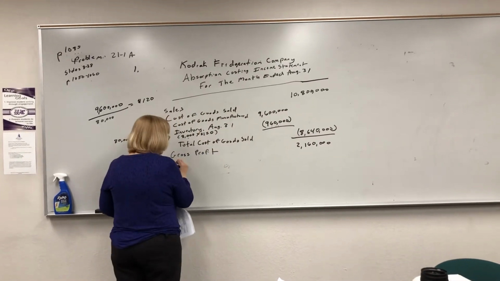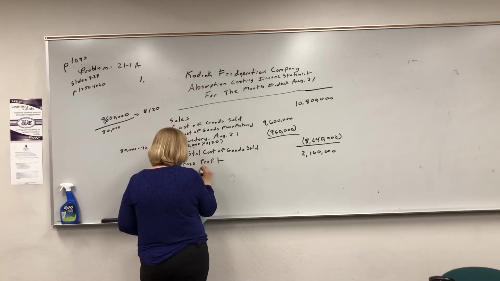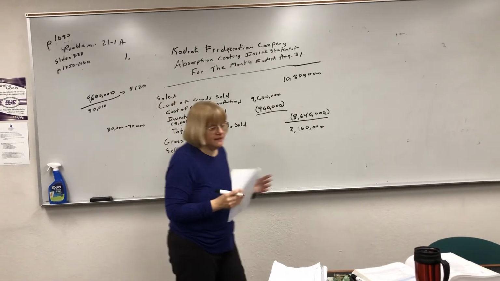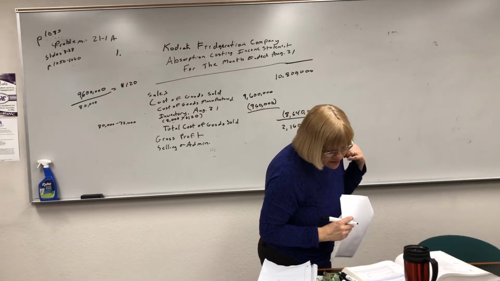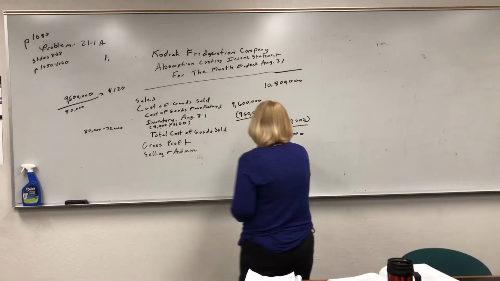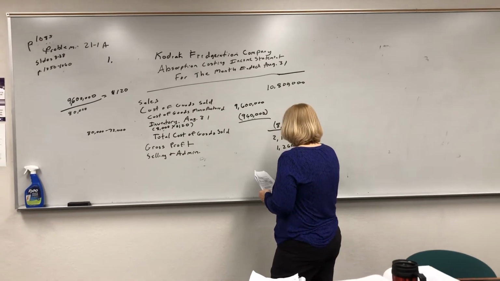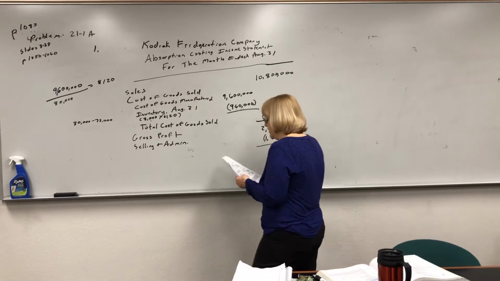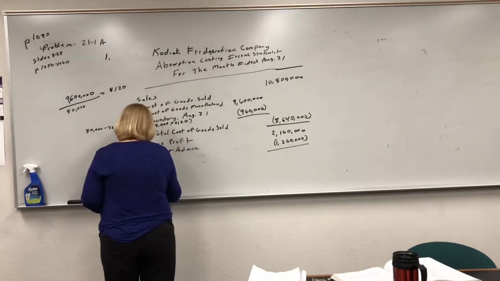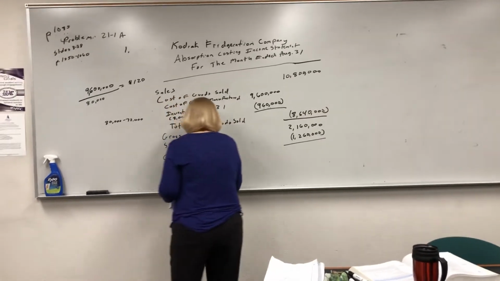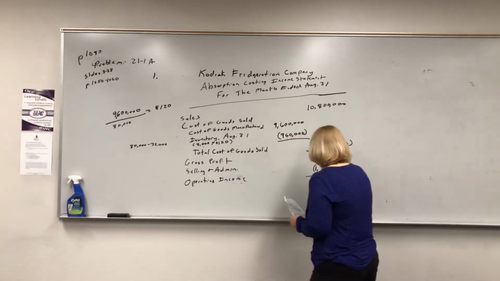Then we have selling and admin, which is all on one line, $1,260,000, which we subtract from our gross profit. And then we have operating income of $900,000.